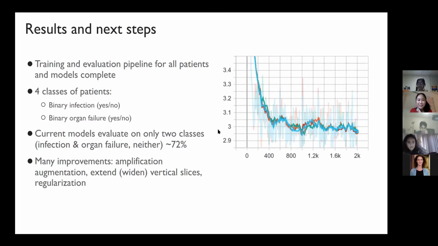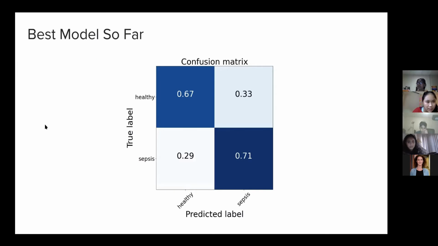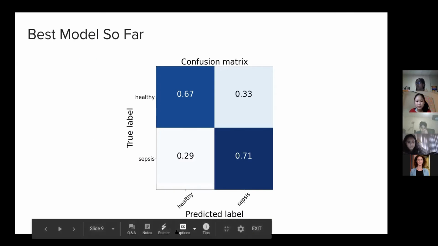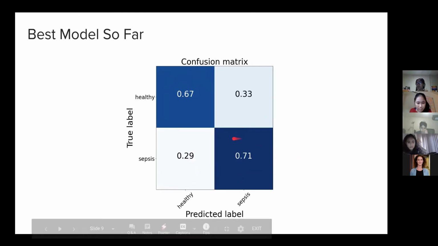And then another question: does the confusion matrix help identify false positives and negatives? Yeah, it tells us our false positive and false negative rate. This box right here is the true positive, this box is the true negative.